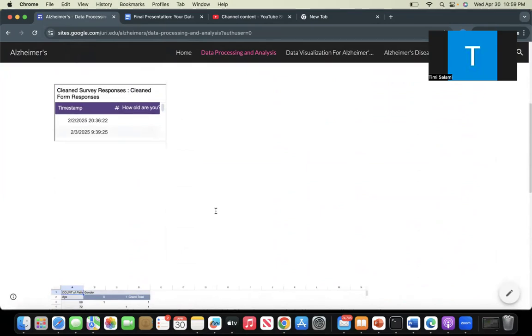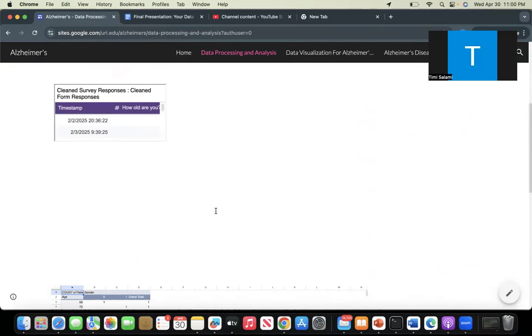I cleaned the survey responses by fixing text. Let's say someone spells out their age instead of directly putting the number. I switched it to the digits instead of the spelled out format. And I also removed any blanks that were visible.